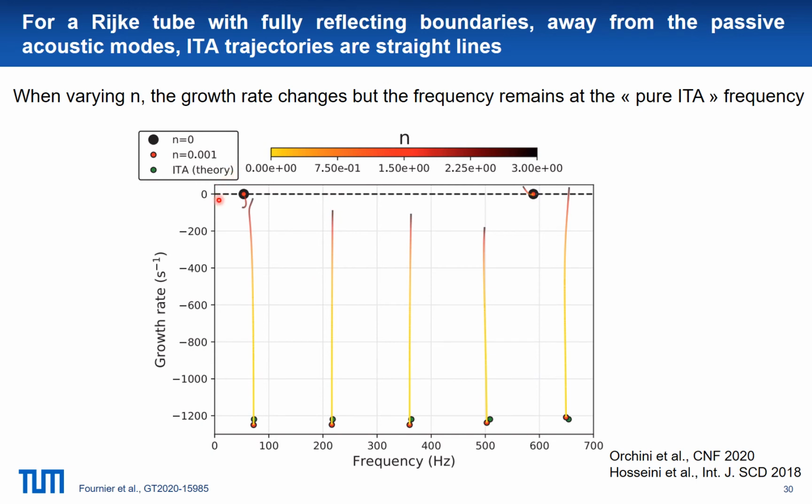In the region of the passive acoustic mode, this is not the case anymore. We observe peculiar trajectories involving exceptional points, but this is out of the scope of this study. The main takeaway here is that away from an acoustic mode, the ITA will remain close to its pure ITA frequency.